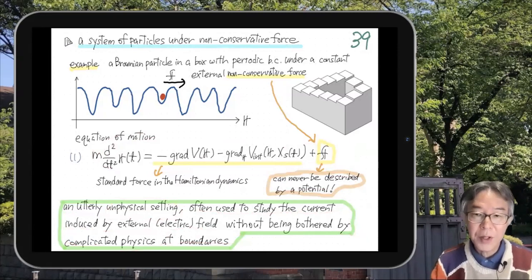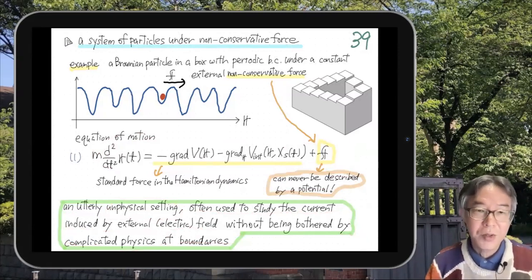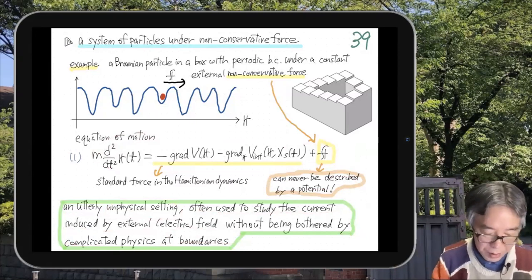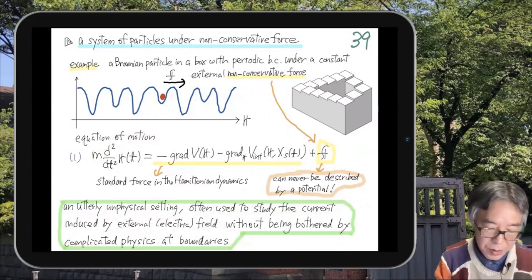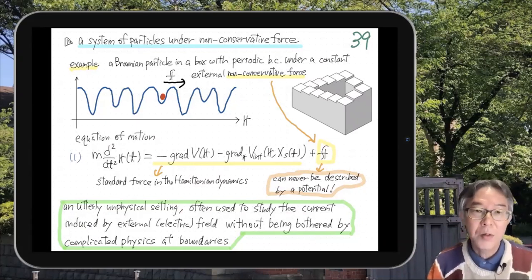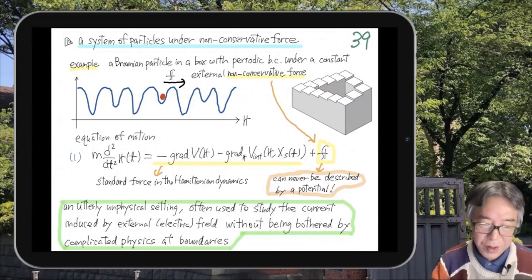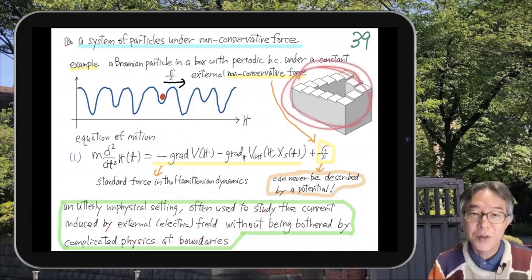So this is very artificial, but it allows us to study a non-equilibrium state with particle current in a theoretically easy way. Okay, now, this is an introduction of this very important unrealistic situation, so please keep this picture in mind.